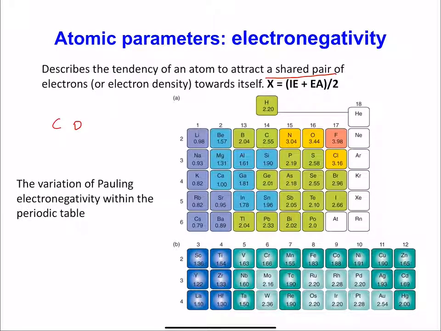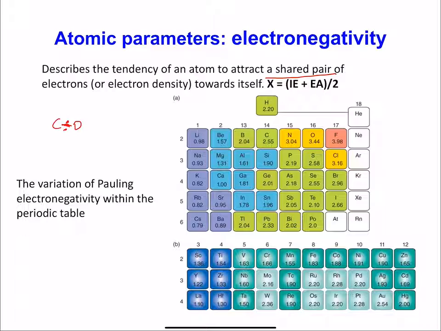Let's just talk about this C=O bond, the covalent pair of electrons here. Then carbon and oxygen are going to have different electronegativities. So let's look at the table.